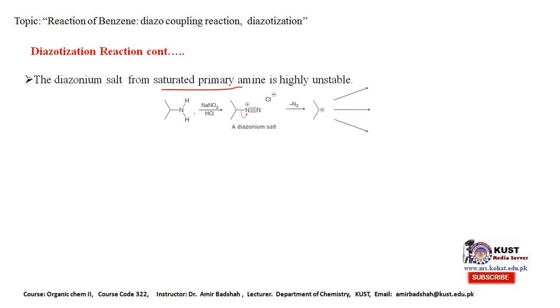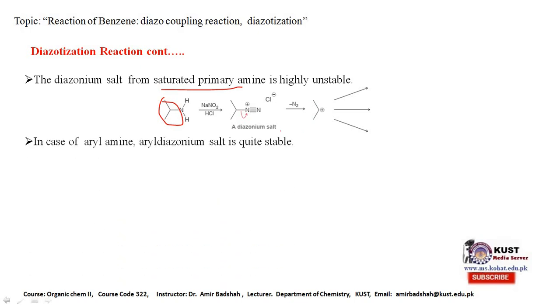If we try to make the diazonium salt of a saturated compound, this is the saturated part, we will get a diazonium salt, but it is very unstable. At the same time, the diazo group will leave in the form of nitrogen, and we will get a carbocation.